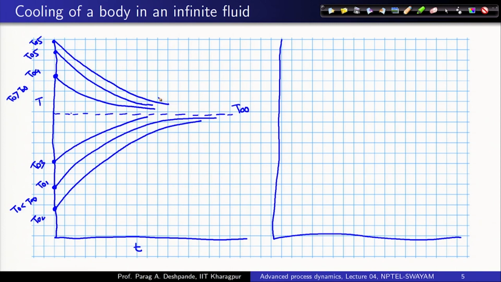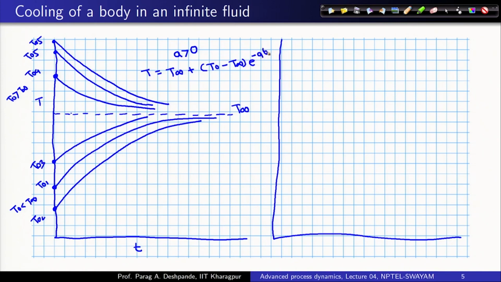But now, what I see is that this is true when a is greater than 0, because your equation was t is equal to t infinity plus t 0 minus t infinity e to the power minus a t, right.